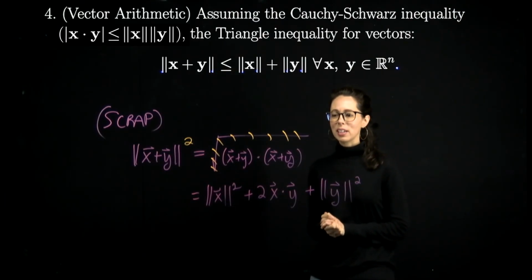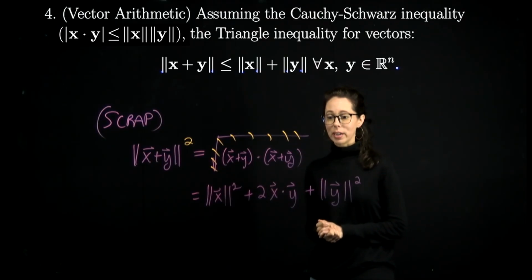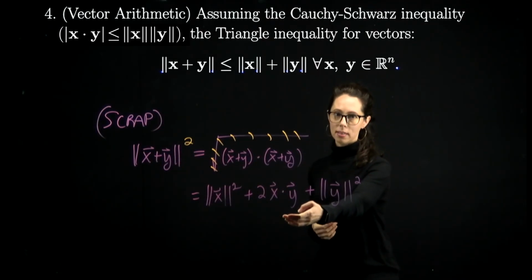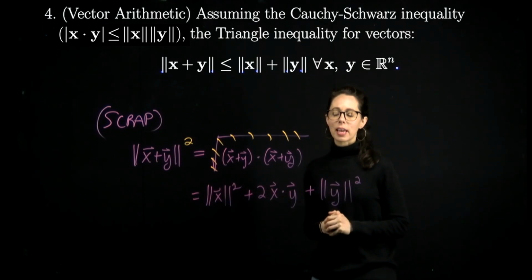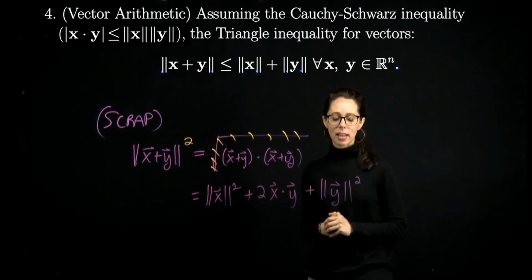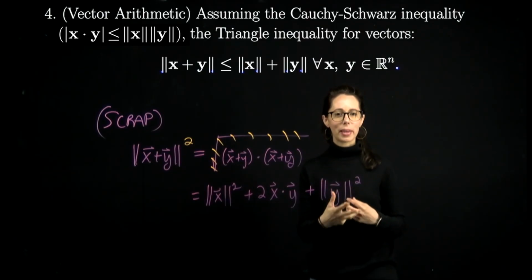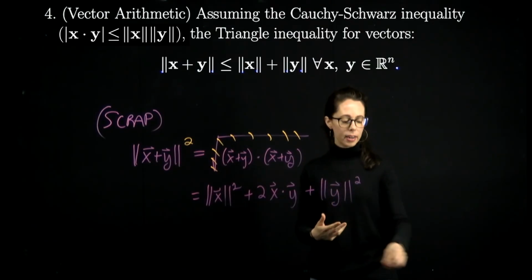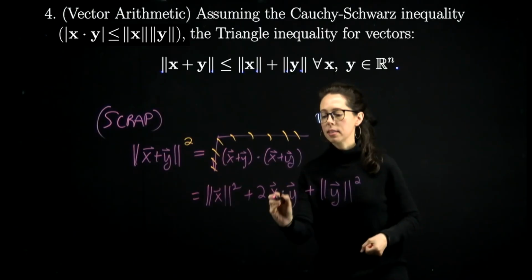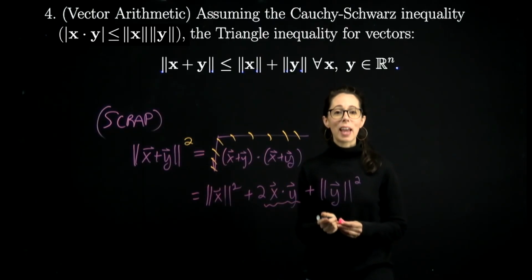Okay, we don't have exactly what we wanted to see because of this middle piece. But remember how I said any number is less than or equal to its own absolute value, and so we went up in size by making that kind of adjustment? Here, we need to recognize that dot products could be negative.